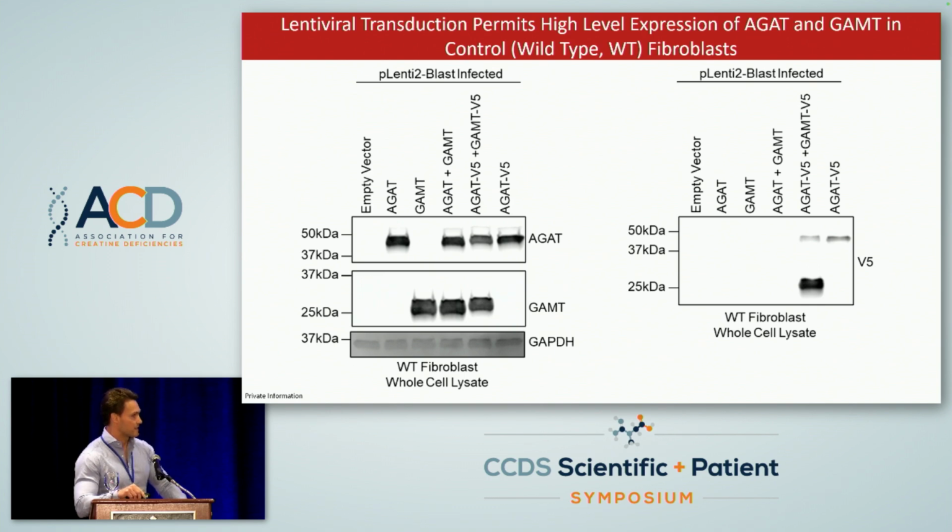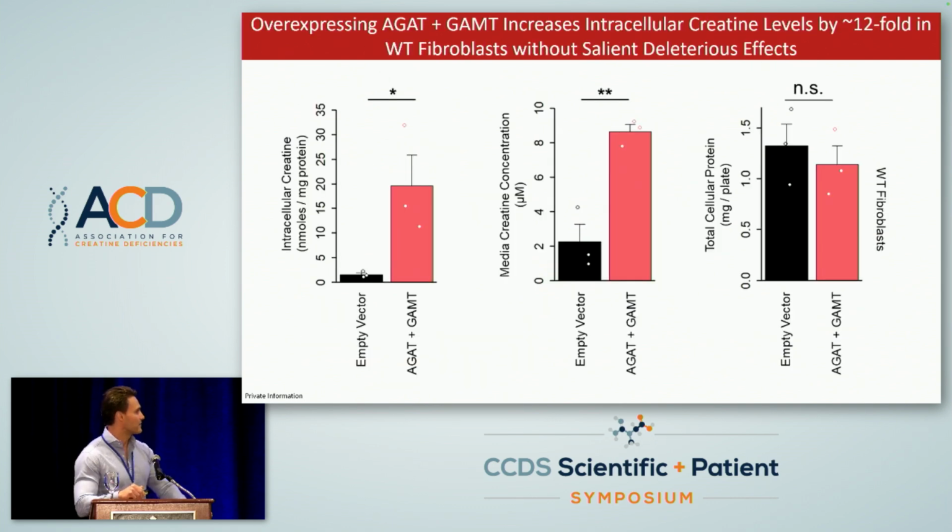In fibroblasts, there was definitely more GAMT expression when you check by Western blot for that V5 tag, suggesting that AGAT might not be quite as abundant as GAMT, but the levels of overexpression compared to the endogenous amount were enormous. When we quantified the intracellular creatine inside these healthy wild-type fibroblasts, we found a 12-fold increase.